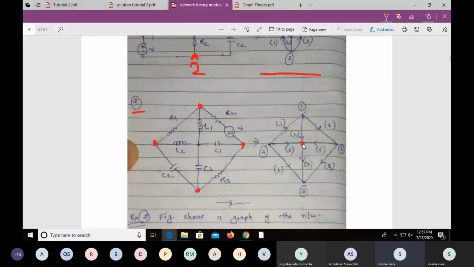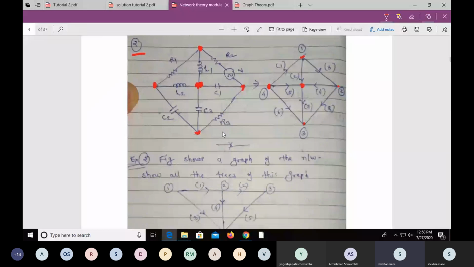So in total there are 5 nodes. Draw these 5 nodes, join the lines and give the direction as per your wish. In this way you can draw the directed graph.